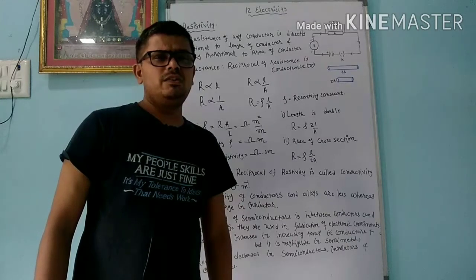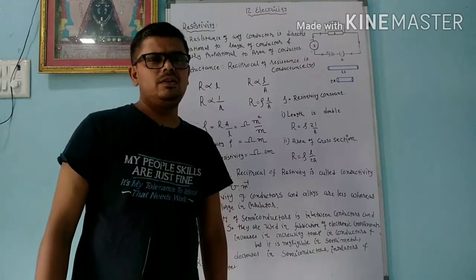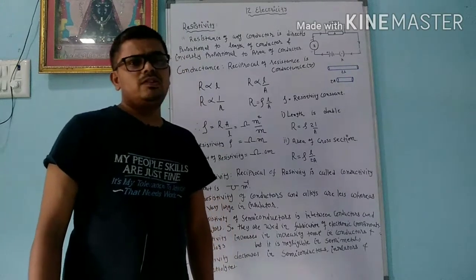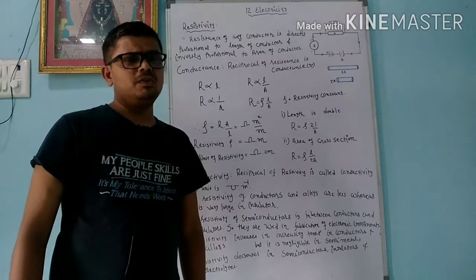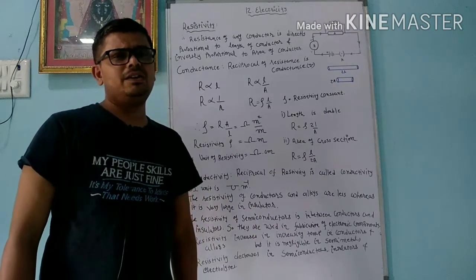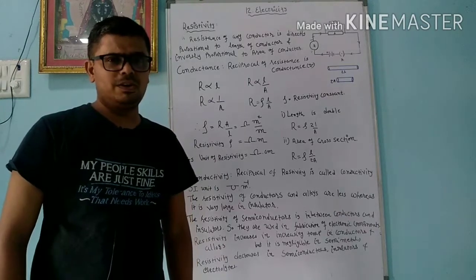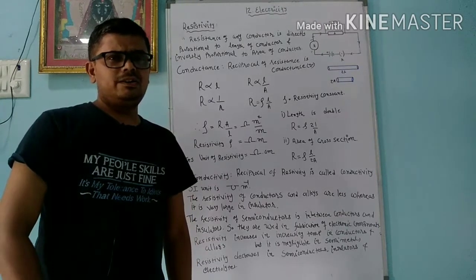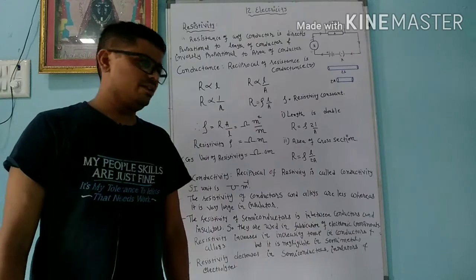Conductors are materials which can pass electric current. Insulators cannot pass electric current because free electrons are absent, and semiconductors have properties in between conductors and insulators.